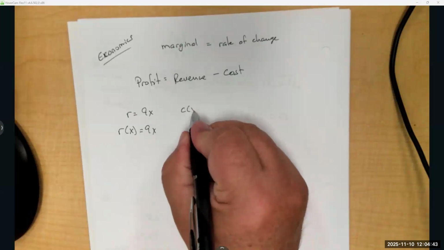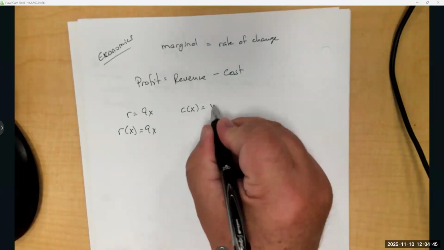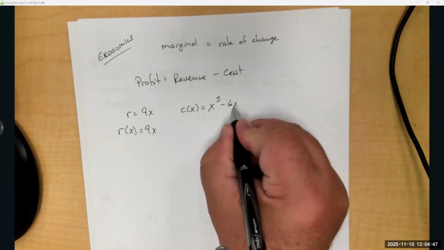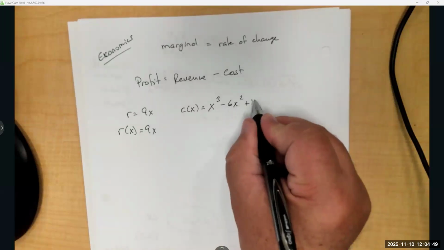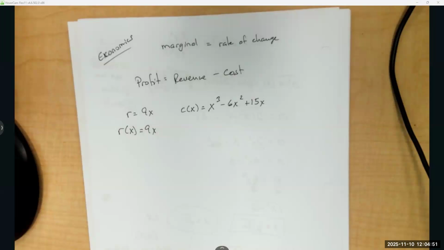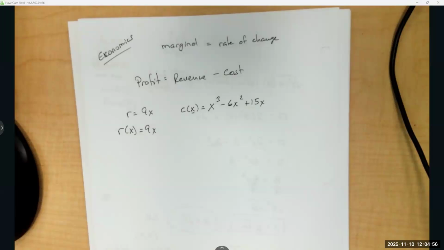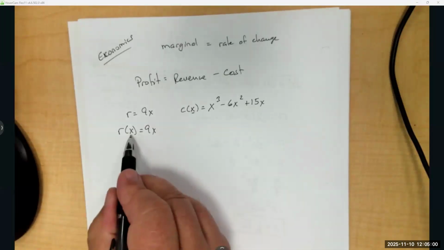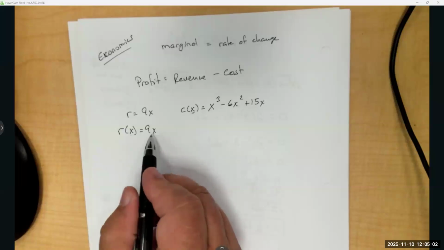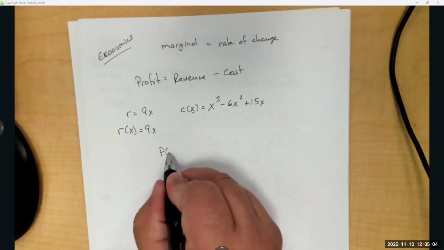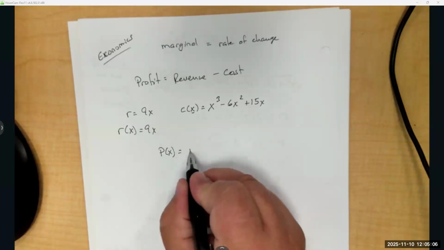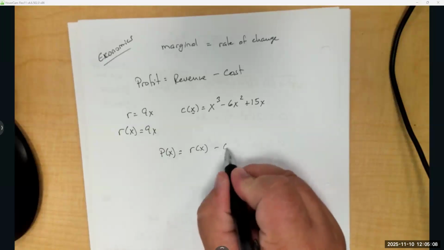The cost in this example was x cubed minus 6x squared plus 15x. It cost you this much to create one object, and you sold 9 of those. So the profit would be the revenue minus the cost.